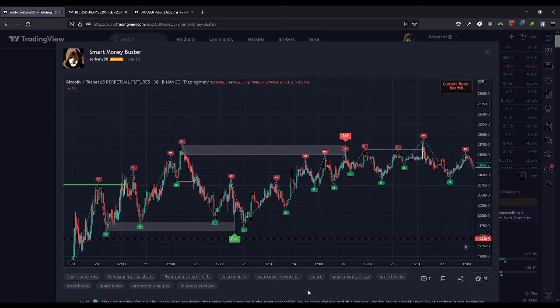I've been working on this indicator for a few months now. At first, I didn't have the intention to release it in this manner.